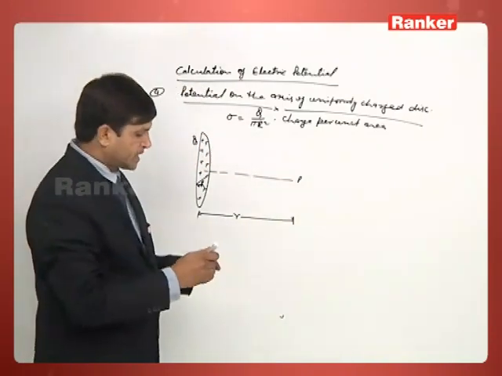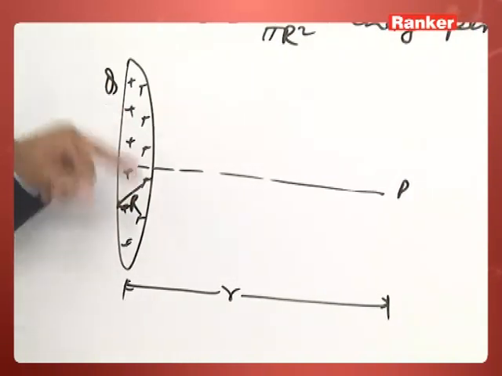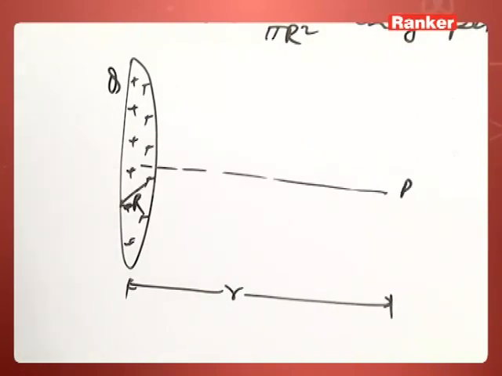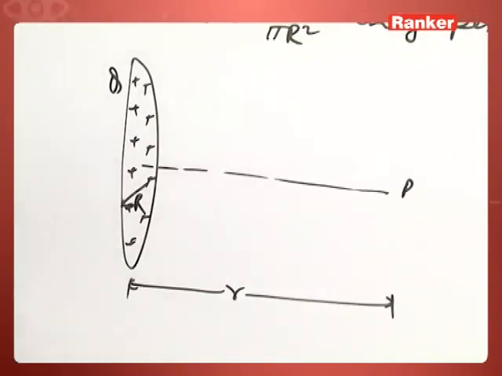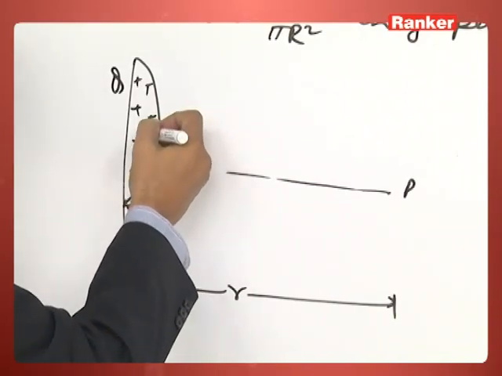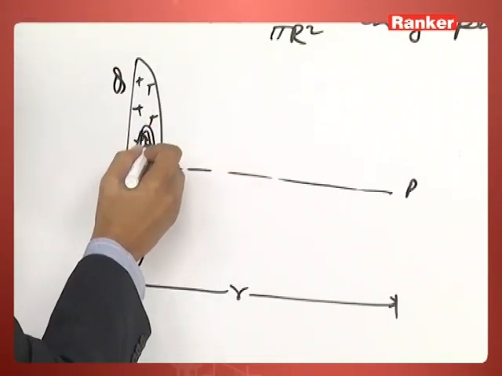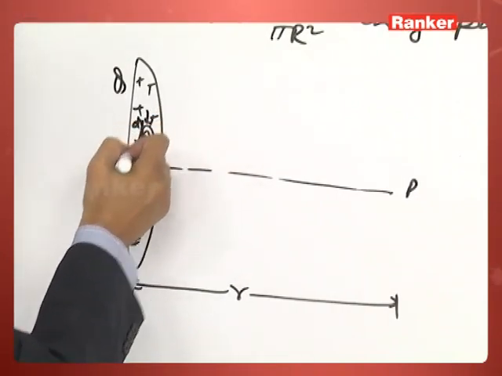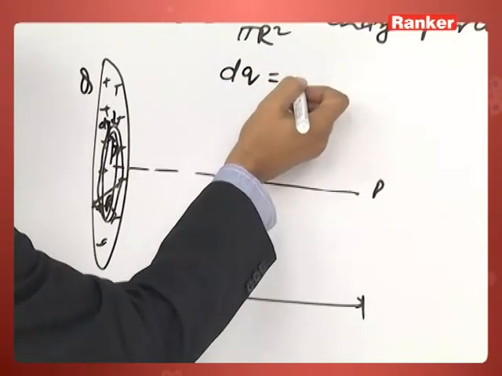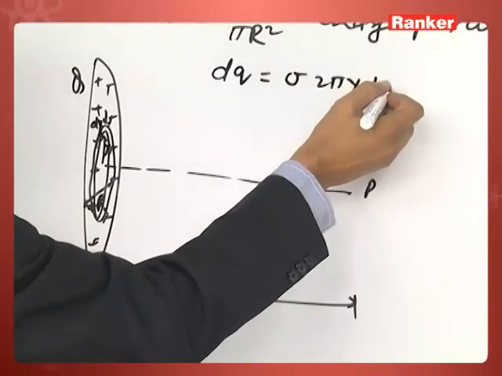So what can be taken here? This disk can be taken as concentric rings kept one over another, and due to a ring we have already determined the potential. So if we consider a ring of radius y and thickness dy, dq is the charge on that ring and it is given as sigma into 2 pi y dy.